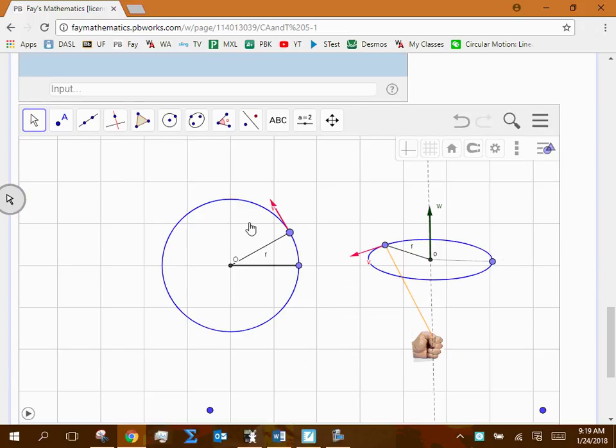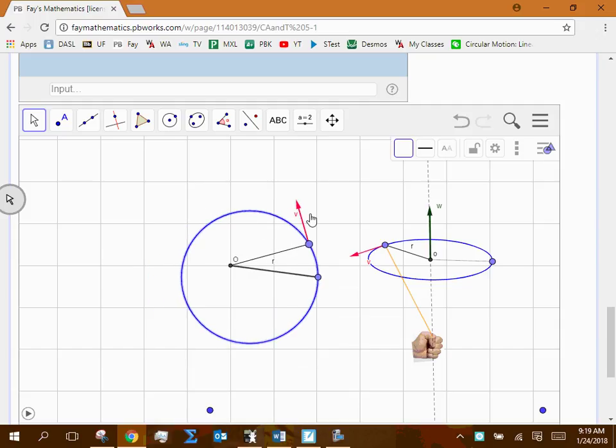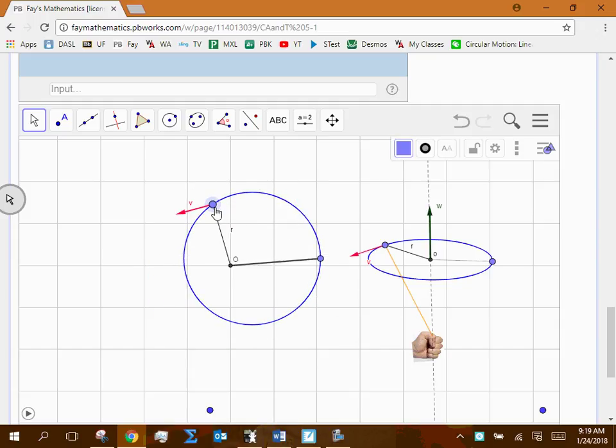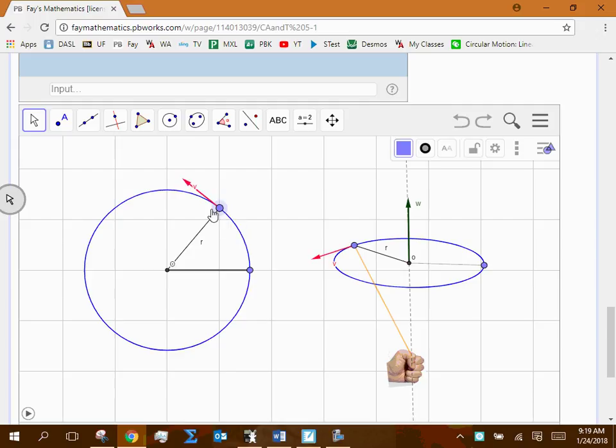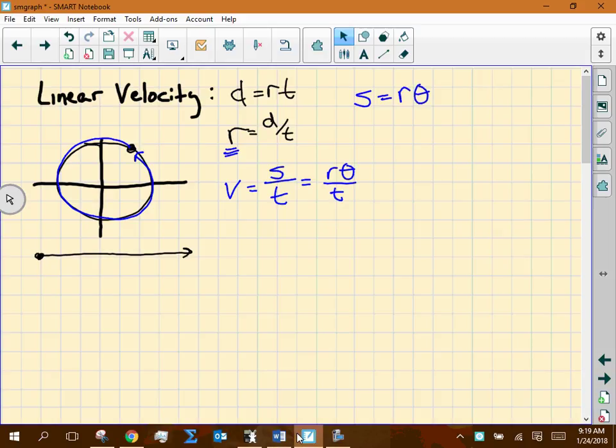So in regards to angular velocity, that's not a circle anymore, or at least not centered, there you go. We're looking at how fast that central angle is changing. The central angle is always theta, and we're going to divide by the time that it is changing in regards to.